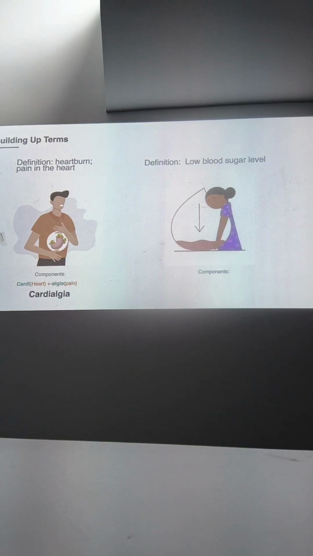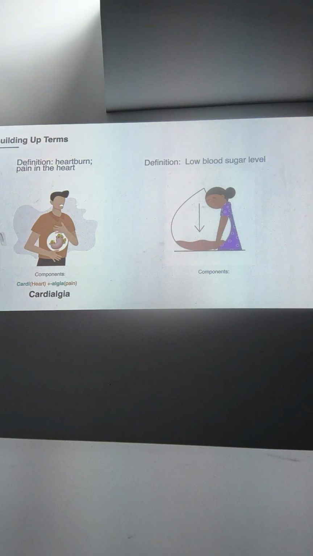Let's say somebody has a low blood sugar level. Our root word would be something like sugar. I don't think I've listed that in there, so I'm just going to give it to you. That would be glucose or glycogen. So low, do you remember in the prefix what low was?